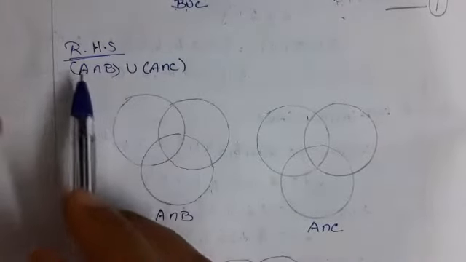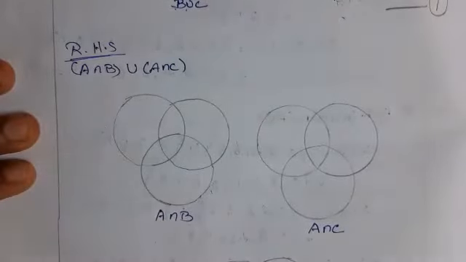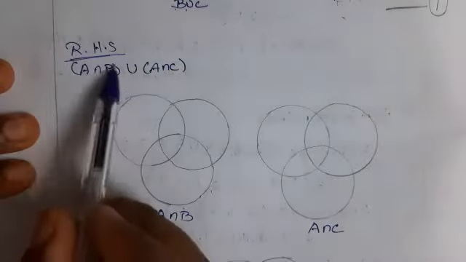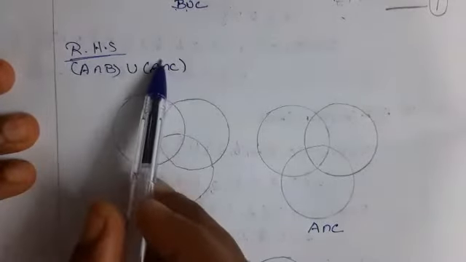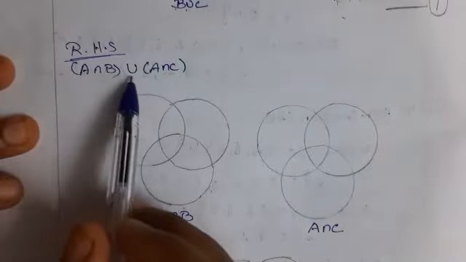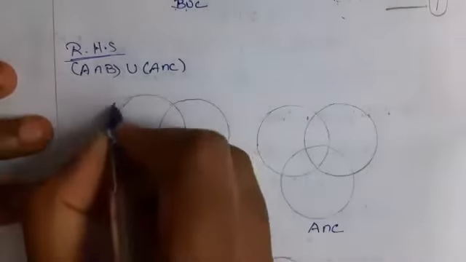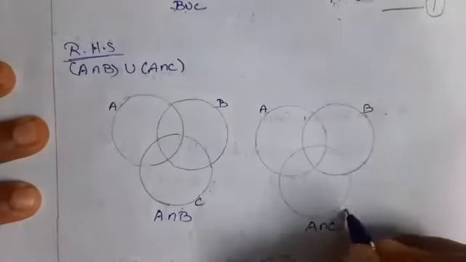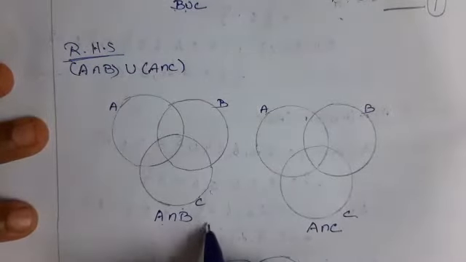Once again, for the right hand side, you must draw 3 diagrams. First one, A intersection B. Second one, A intersection C. Third one, A intersection B union A intersection C. A, B, C. What is the meaning for A intersection B?